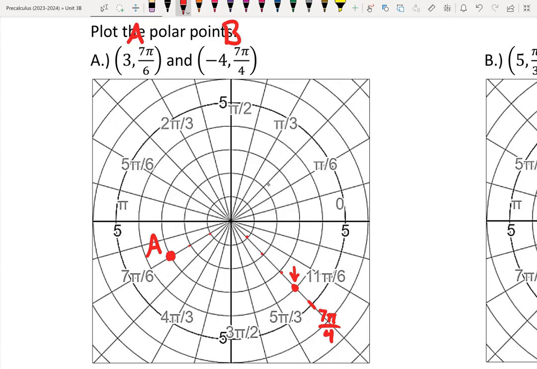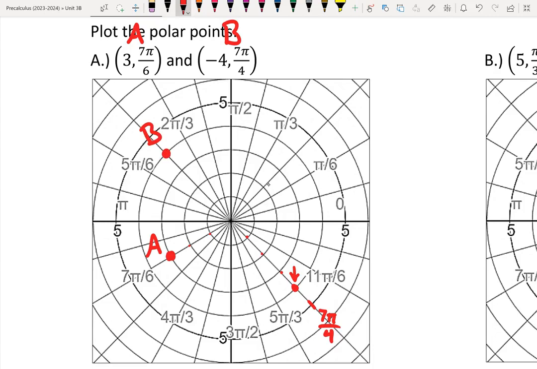Going in the exact opposite direction. So positive 4 would be going out 4 on that angle. Well, once I'm at that angle, if I have a negative r, then I go in the exact opposite direction, which should put me out right here at point B. Okay?